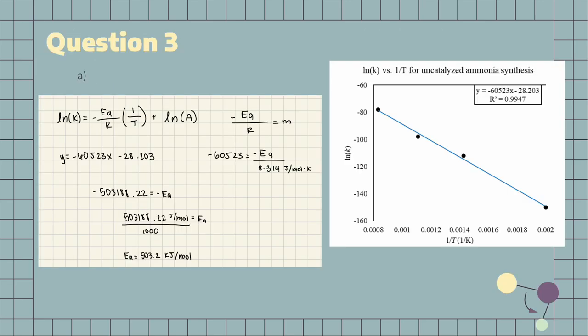So for question 3, part A, we were given the graph as it can be seen. To get the activation energy, I used the Arrhenius equation and converted it to point-slope form, as it can be seen.